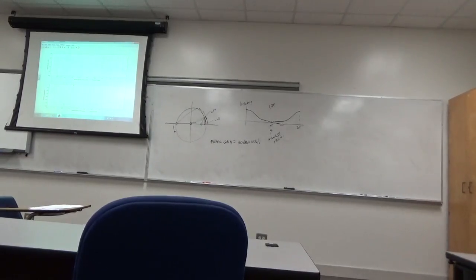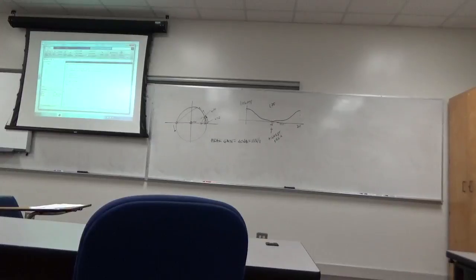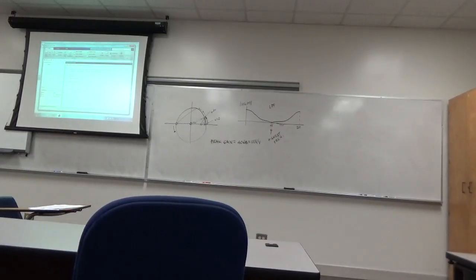Let me go back to MATLAB, and my numerator is 0.01 times the old numerator. That work? Why did I multiply it by 0.01?